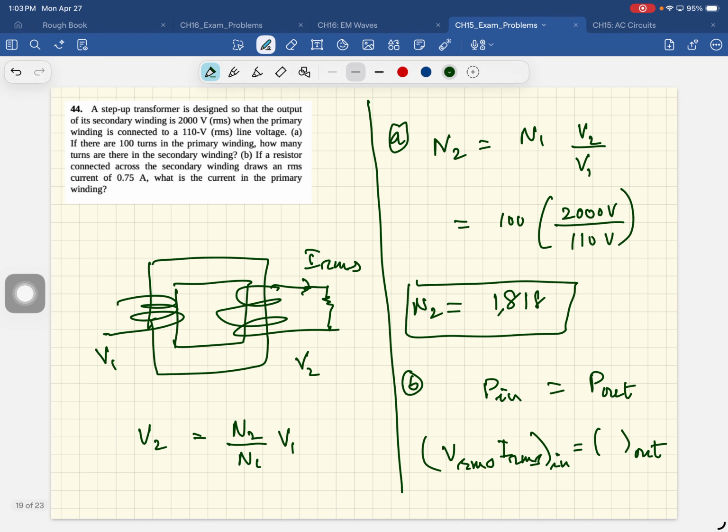So this transformer steps up the voltage and steps down the current. The current went down from 13.6 amps to 0.75 amps, and voltage went up from 110 volts to 2000 volts. Okay.